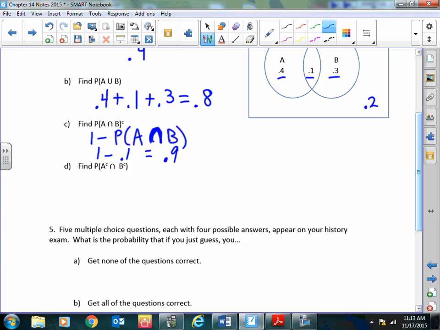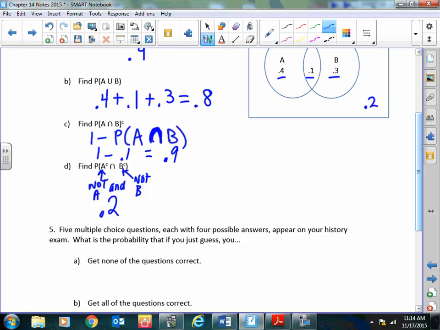Find the probability that you do not have A and you do not have B. So I want the section that is the not A and the not B section. Where would not A and not B be?